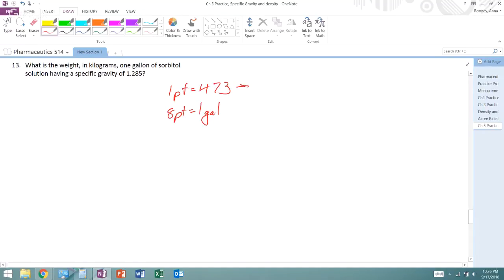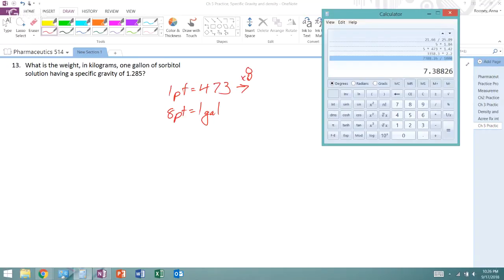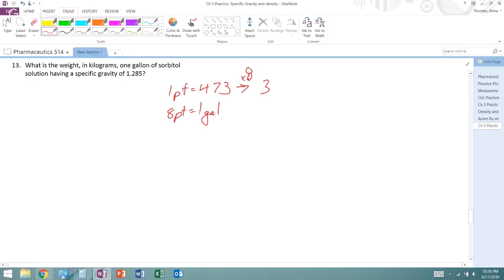So we just need to multiply that by 8 to get our gallon conversion. 3784. 3784 milliliters for a gallon.